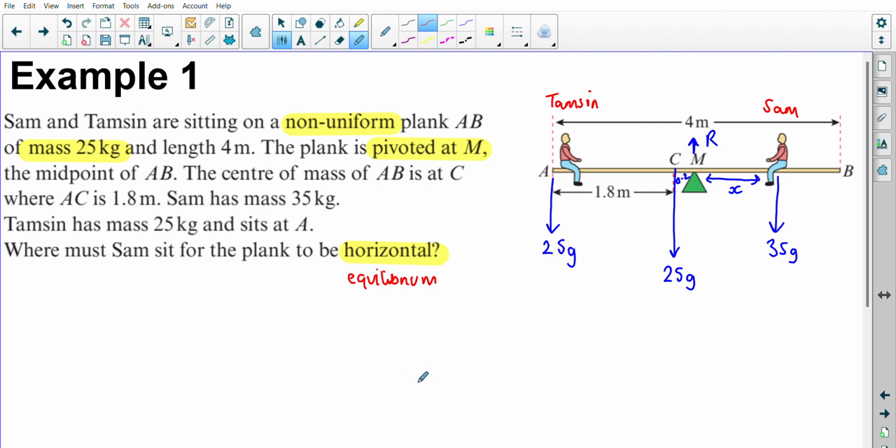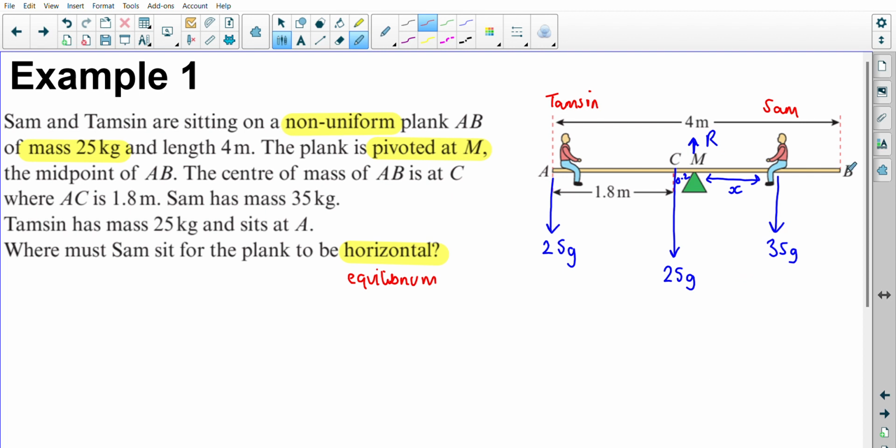I'm going to look at taking moments about M, the pivot point. I could look at taking forces first, comparing the upward and the downward forces. I could find R then, but because I'm taking moments about M, R is going to be eliminated anyway because there's no perpendicular distance to that force.